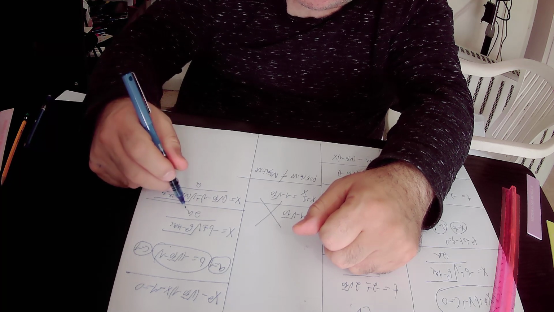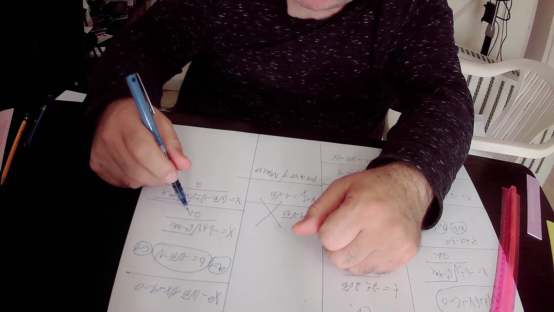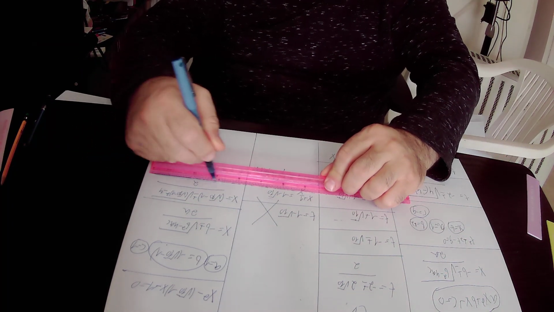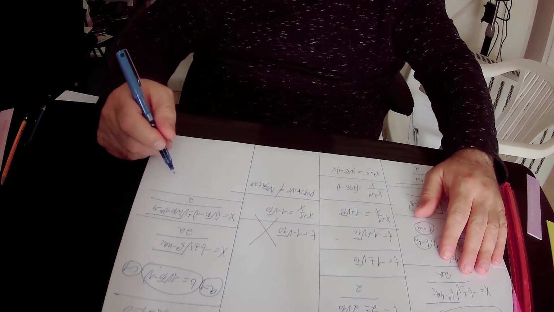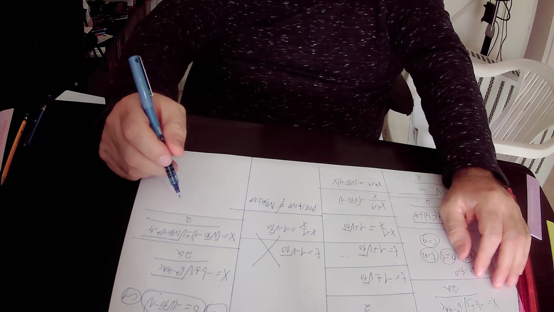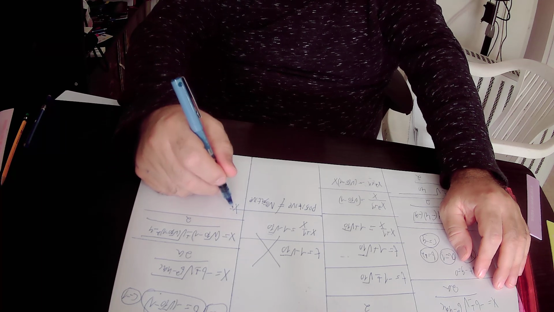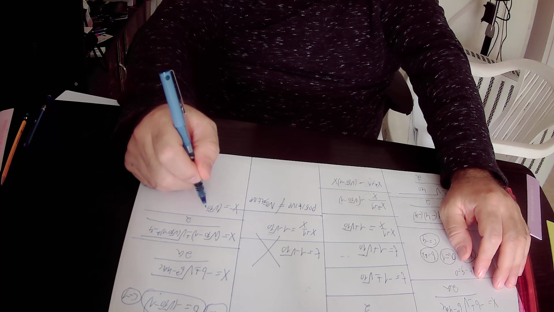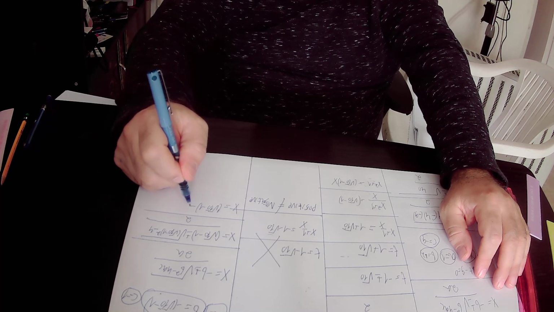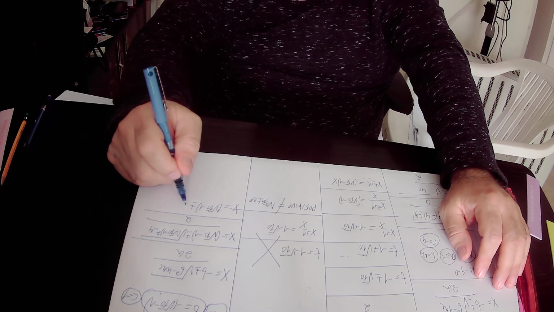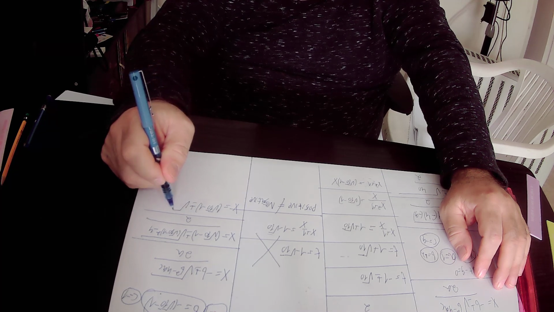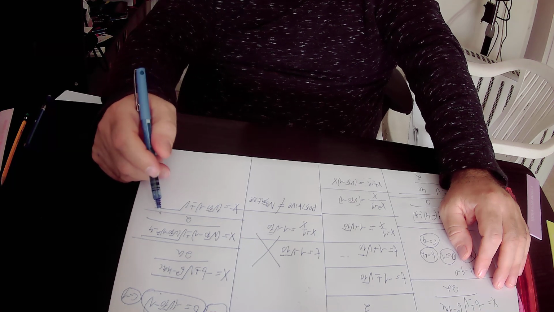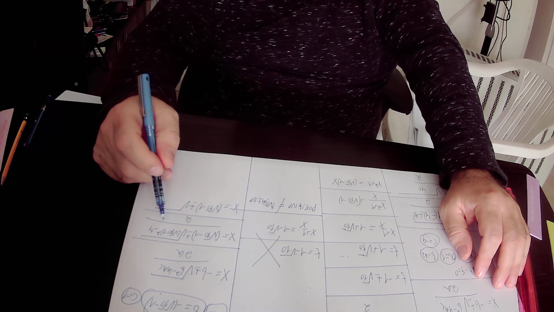Actually, 2 times a is 2 times 1, and 2 times 1 is 2. So x will be equal to square root of 10 minus 1 plus minus, here we have square root of 10 minus 1 squared.